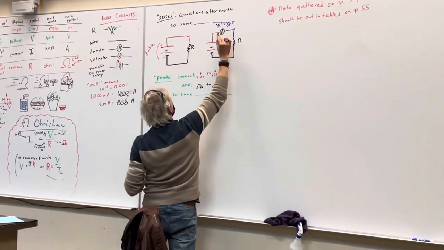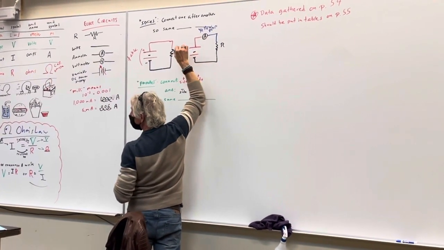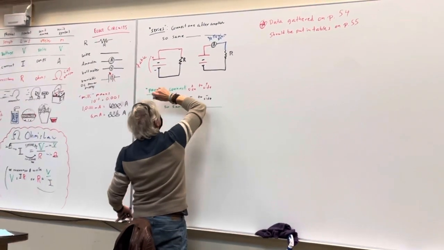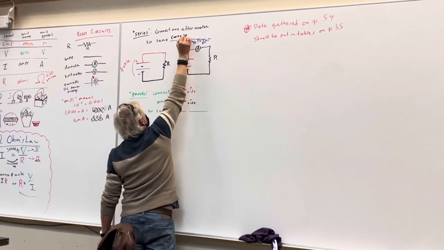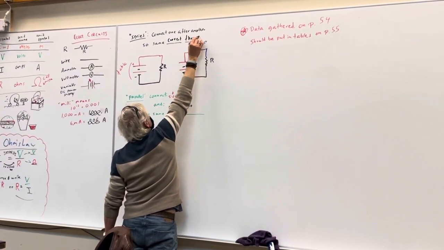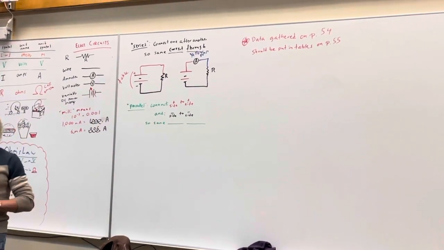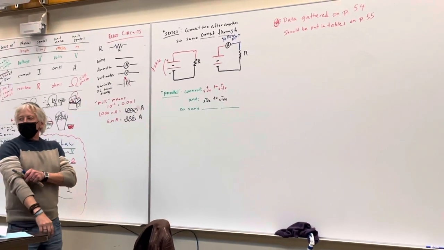What's flowing? Current. Which is really electrons going the other way, but we'll forget it. Same current traveling through them. The same amount of electrons per second traveling through them. The same amps traveling through them.